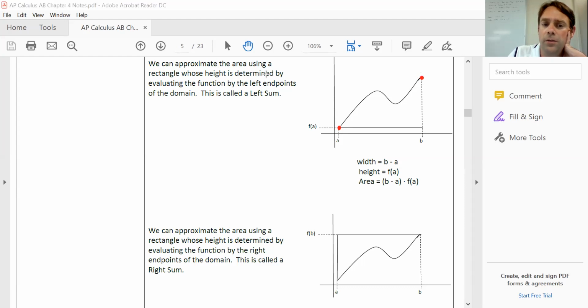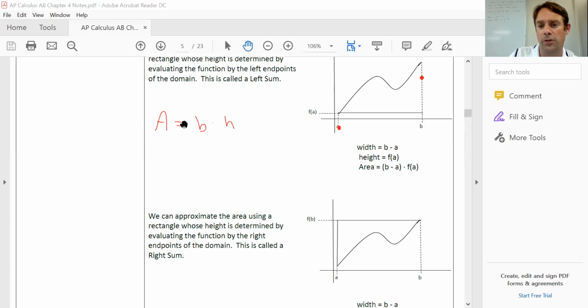And this rectangle I'm going to try to create, remember that a rectangle is always going to be some base times height. Now, what if I were to say I want to use a single rectangle to try to figure this out? A single rectangle.